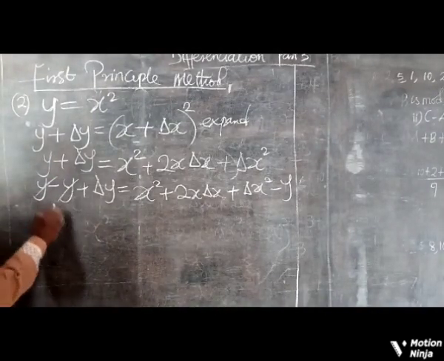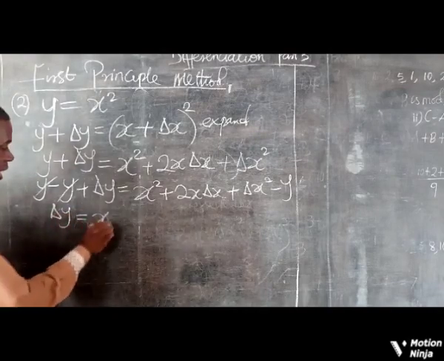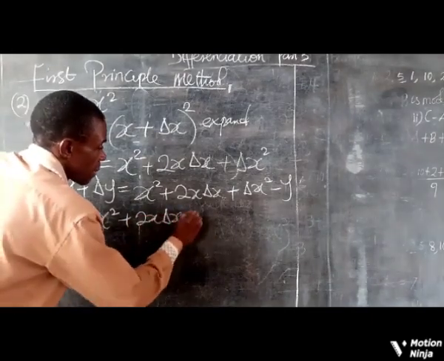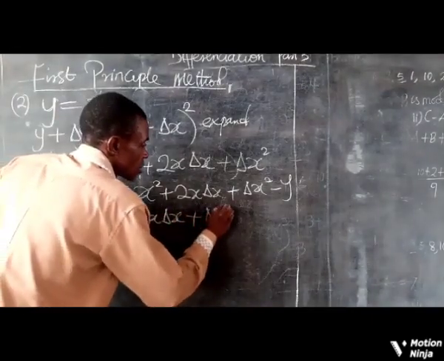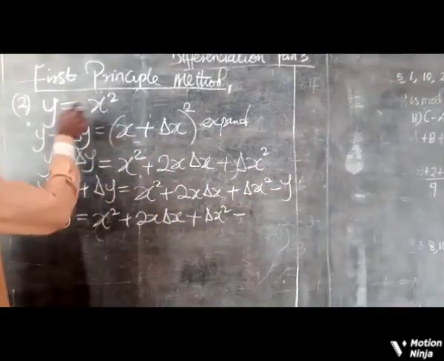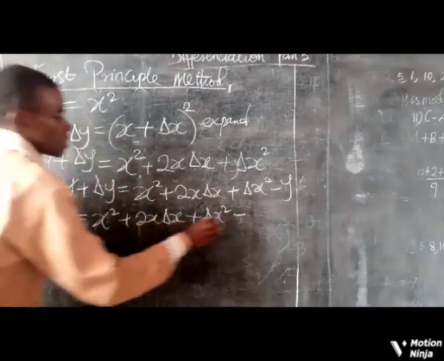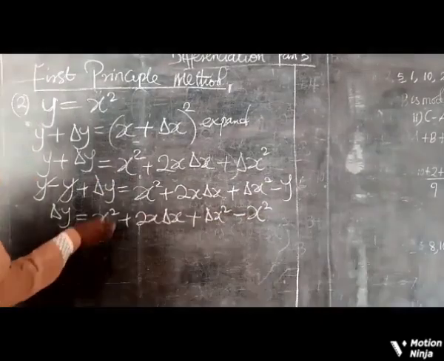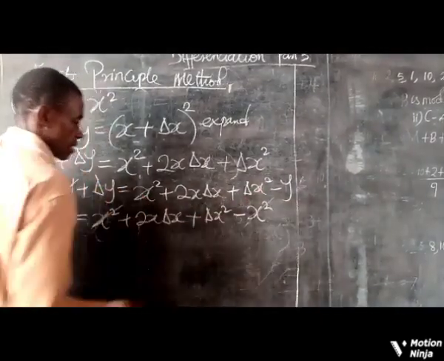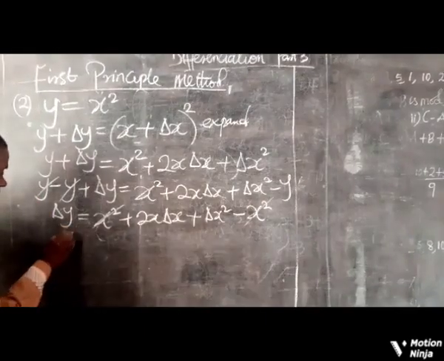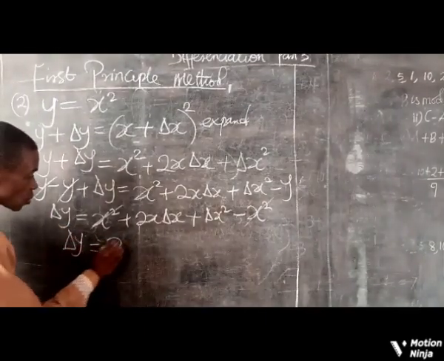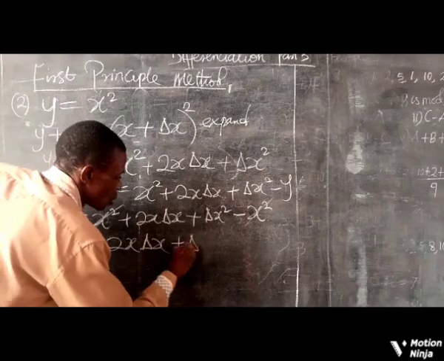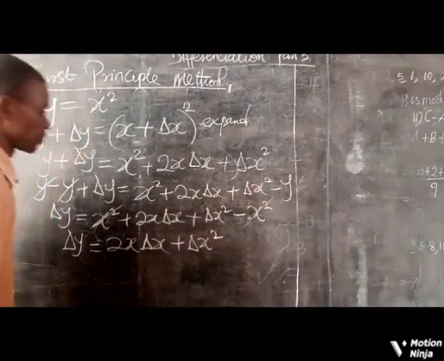But y is x squared. So coming to this point, this and this will go, this will be cancelling this, and we'll only have this left. We now have change in y is equal to 2x change in x plus change in x squared.